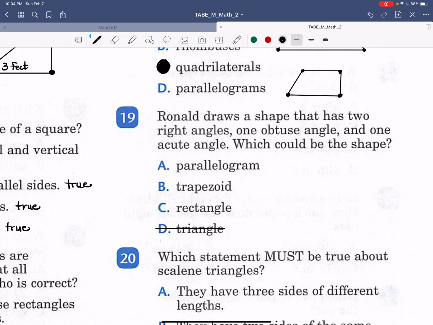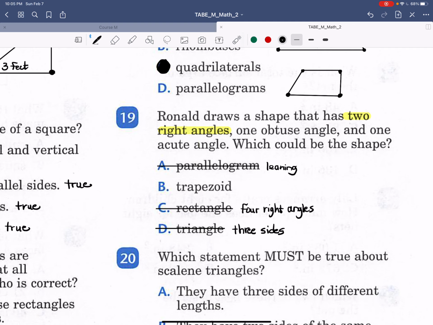Triangles just have 3 sides. So even if you had to guess at this one, eliminate the triangle. Now, here's the clue. 2 right angles. That eliminates the parallelogram because the parallelogram is leaning. It doesn't have right angles. A rectangle has 4 right angles. So that can't be the rectangle. They're also equal angles.